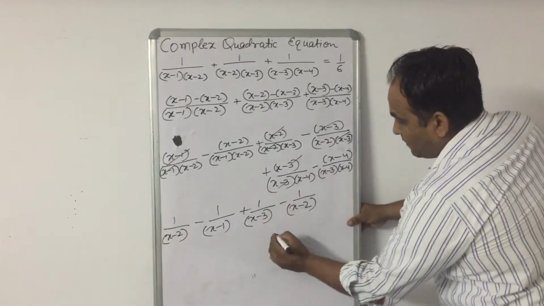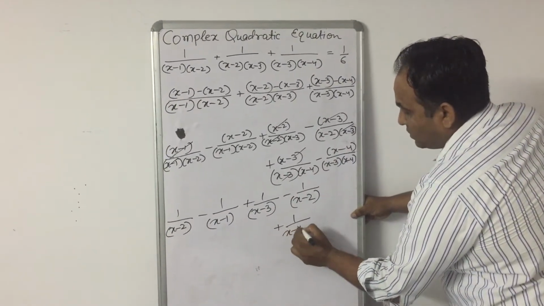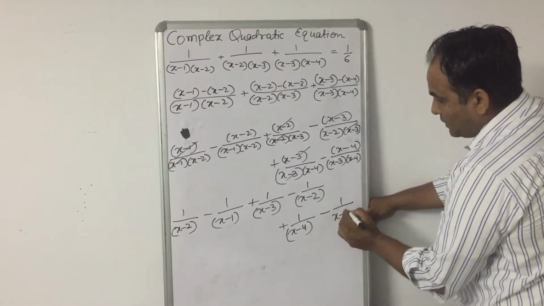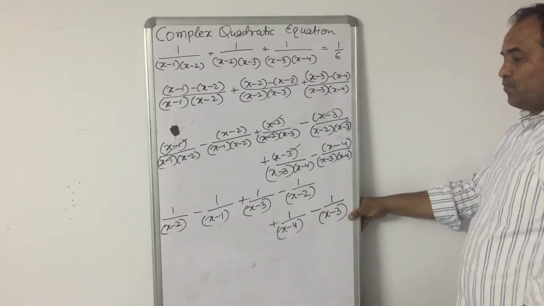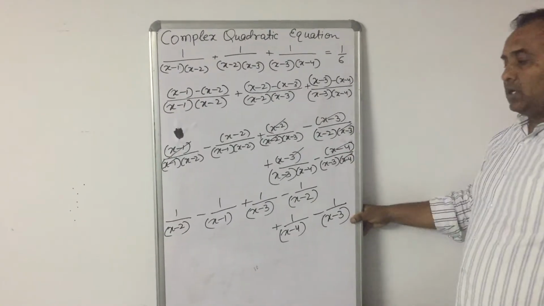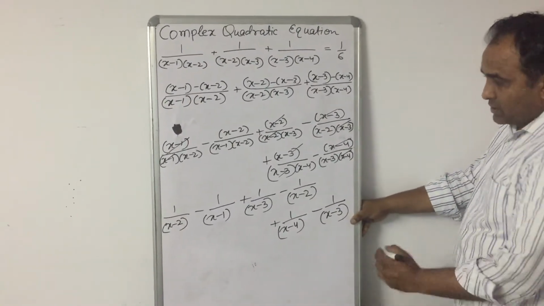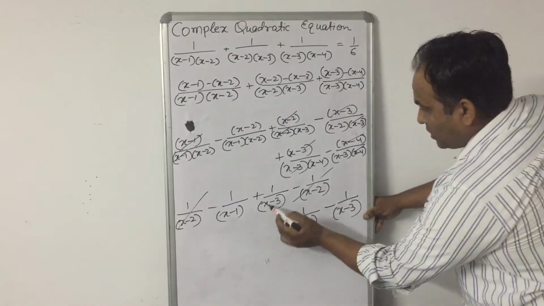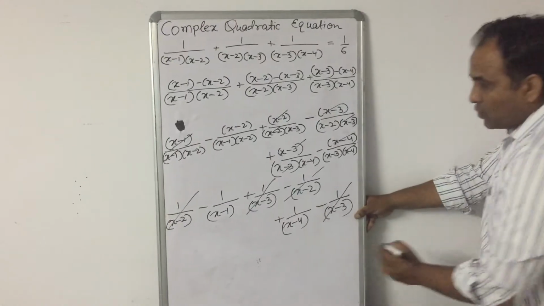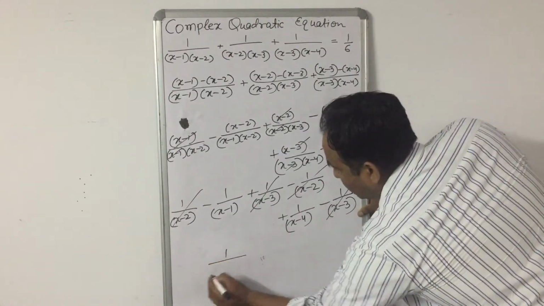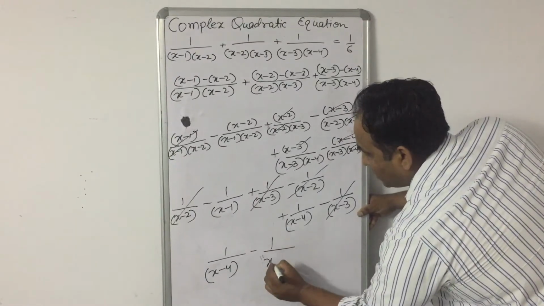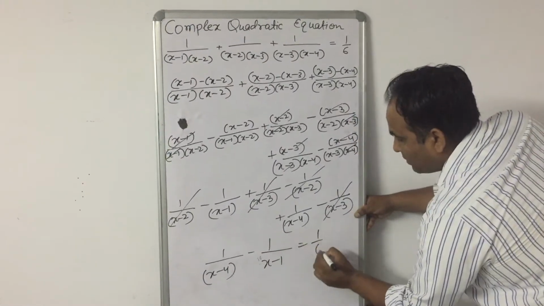From here plus 1 upon x minus 4, and from here minus 1 upon x minus 3. So we see that the intermediate terms cancel out, and we are left with plus 1 upon x minus 4 minus 1 upon x minus 1 equals 1 upon 6.